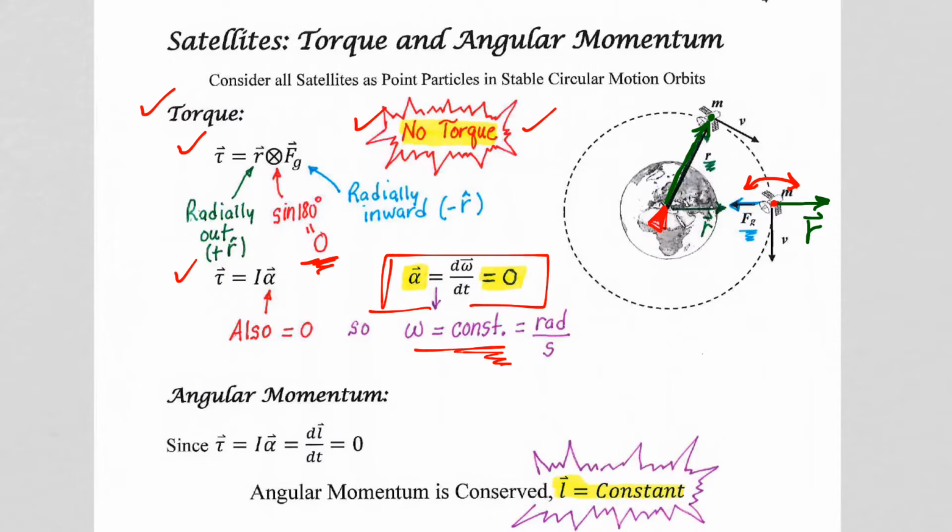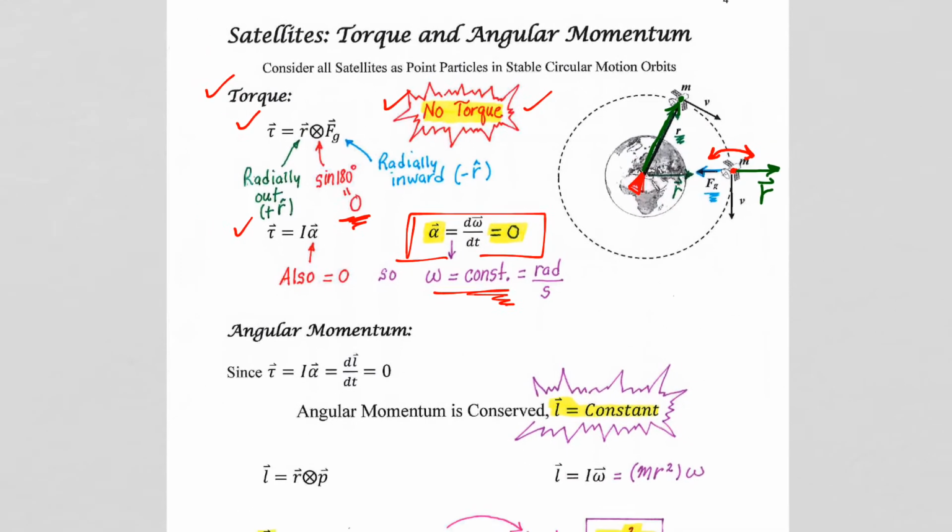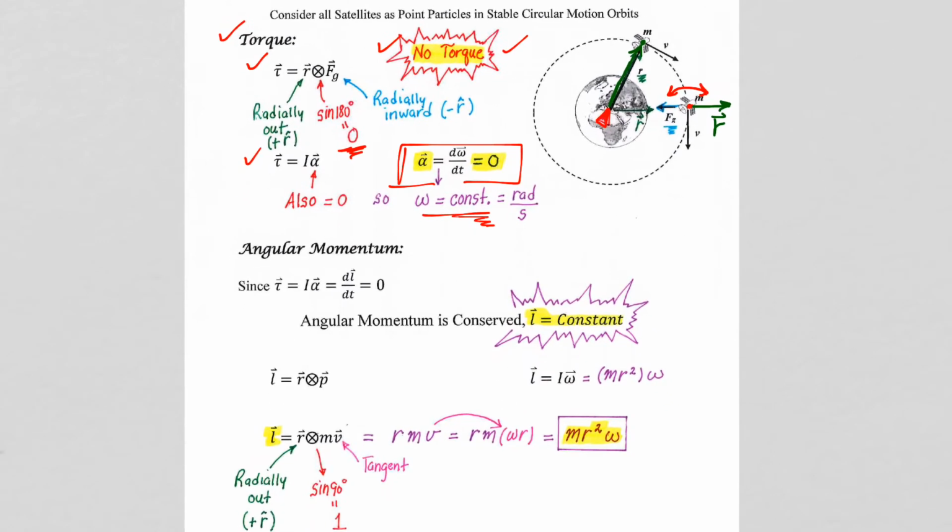Well, how about angular momentum? The angular momentum of a satellite, or of any object, is given by L equals I omega. Now, since the satellite is a point particle, we're going to start with our R cross P in a moment.